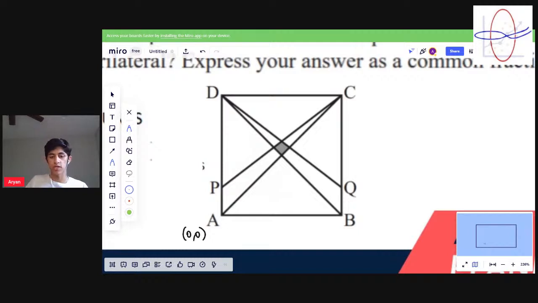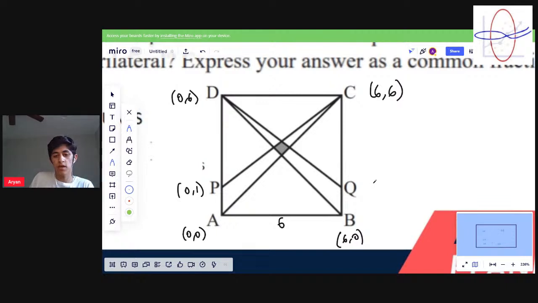So B has coordinates of 6, 0, because this side has length 6. Similarly, P is going up 1, so that is 0, 1. D is 0, 6. C is 6, 6. And Q is 6, 1. These are the straightforward points.